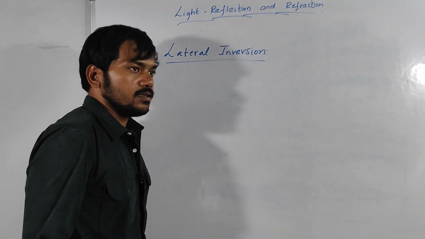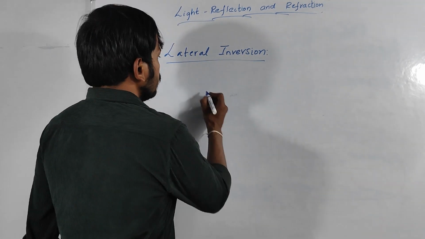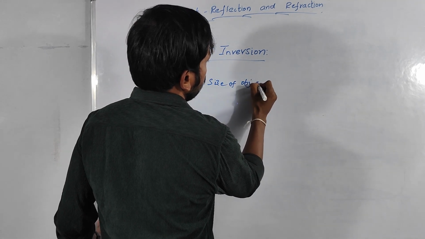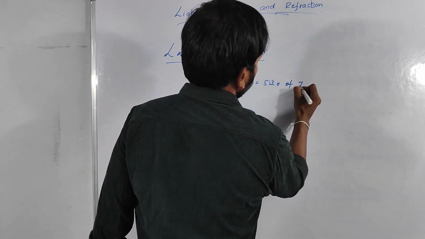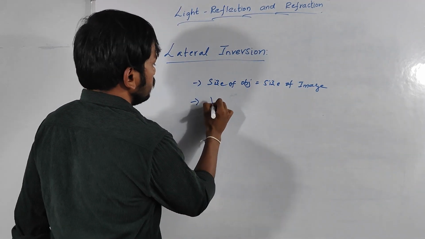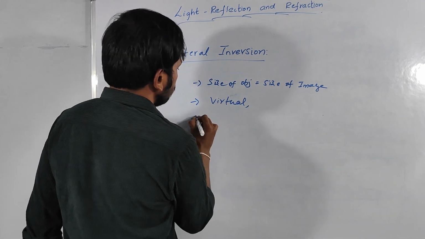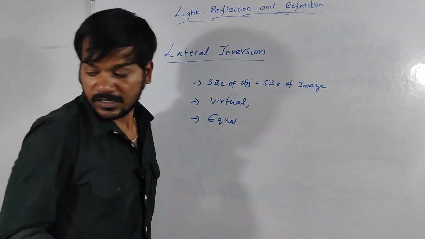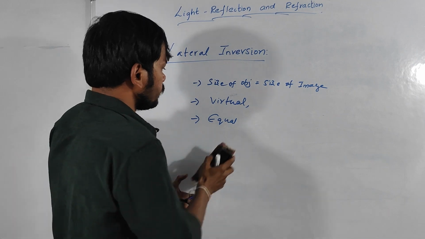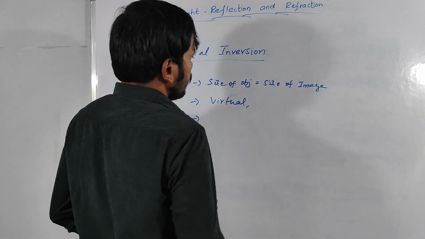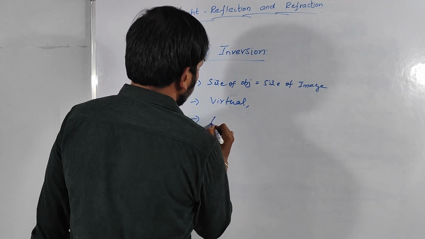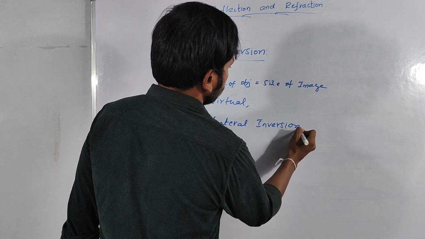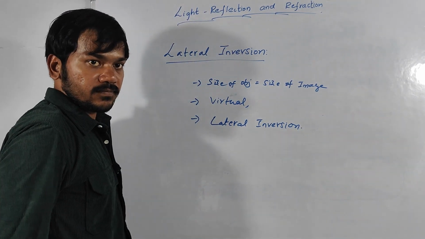Okay, and in the image formation due to a plane mirror, what are the properties? Size of object equal to size of image, that is the first one. Next one, it is virtual. Next one, equal in size, which we have already discussed. Virtual, lateral inversion.